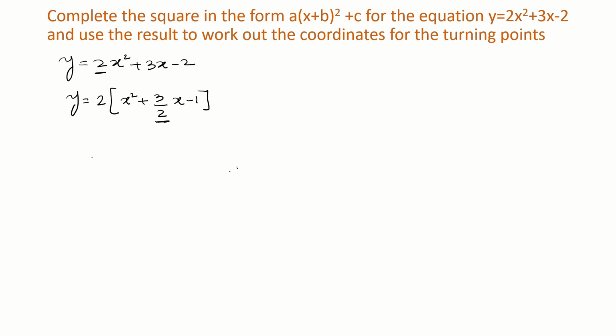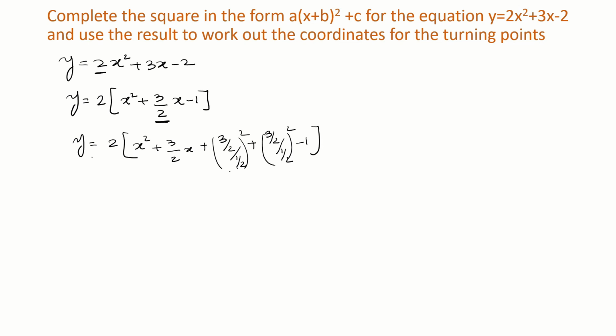For that we need to add and subtract half of b, squared. y equals 2 times x squared plus 3 by 2 x, so half of 3 by 2, so we add and subtract the half of 3 by 2, that is 3 by 4, squared, minus 1.